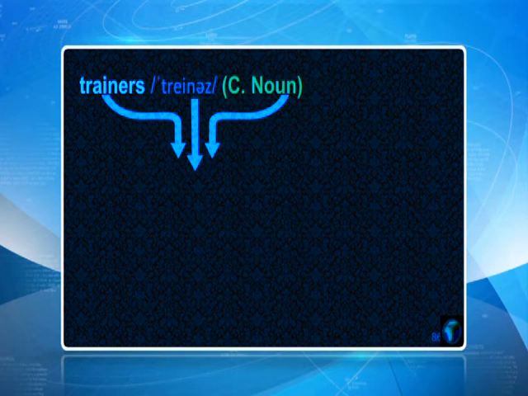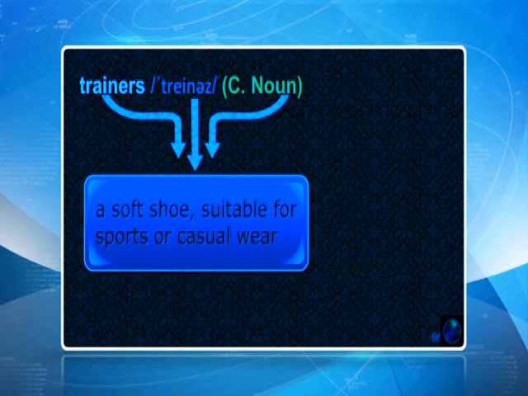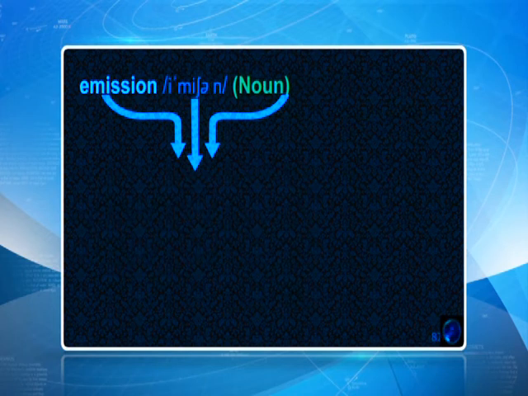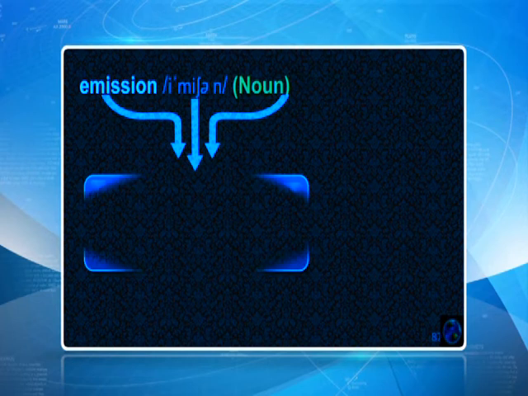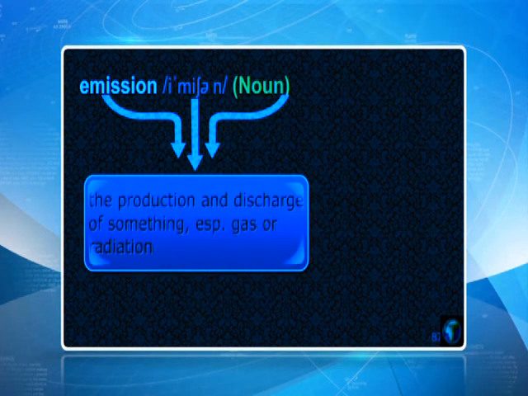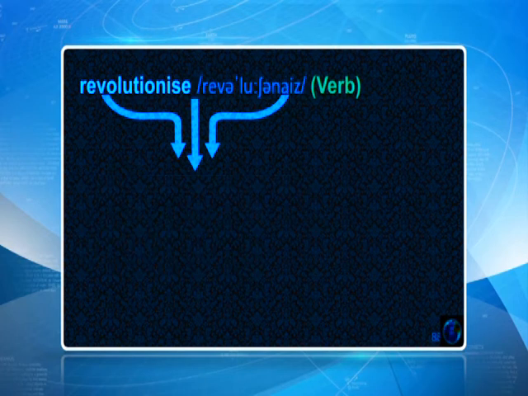The following word is trainers, which is a countable noun. It means a soft shoe suitable for sports or casual wear. Then we have the word emission, which is a noun. It means the production and discharge of something, especially gas or radiation.